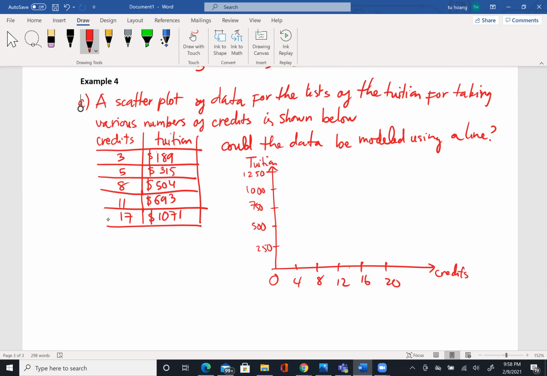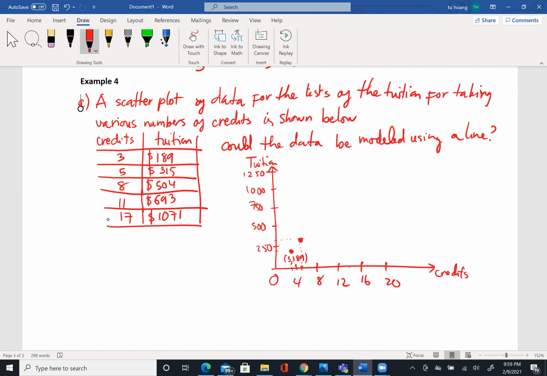Now the first point is 3 and 189. So 3 could be here, and 189 somewhere over here. So the first point is around here: 3, 189. The second point is 5, 315. So 5 could be here, I move up, and 315 could be somewhere over here.